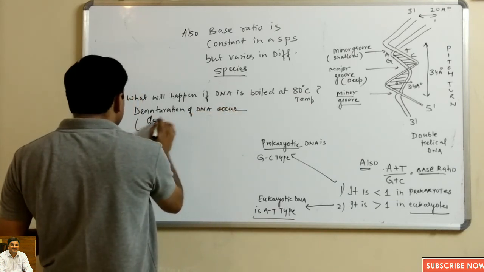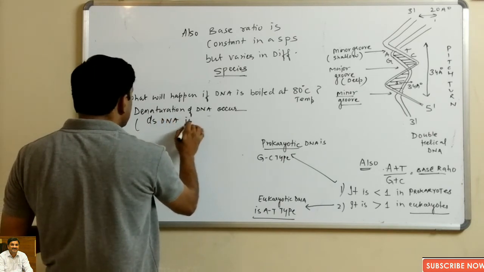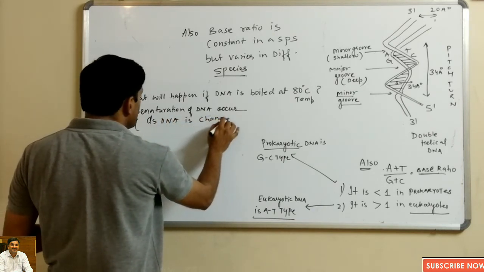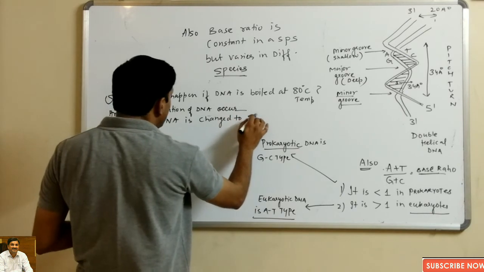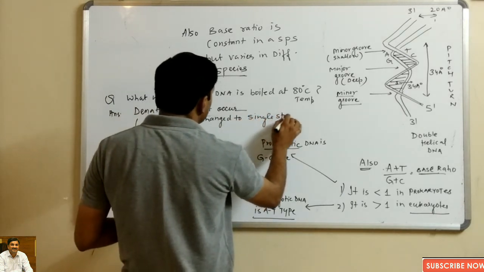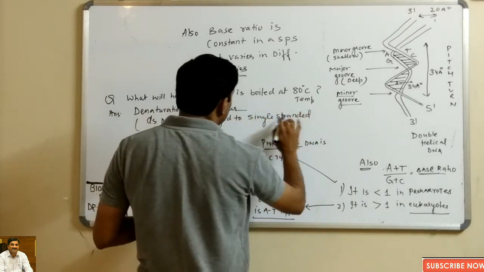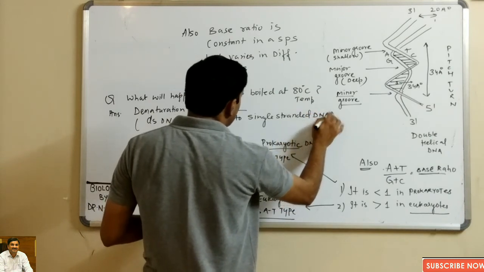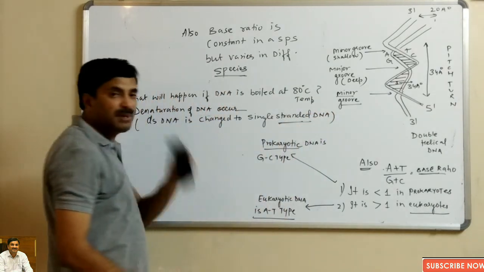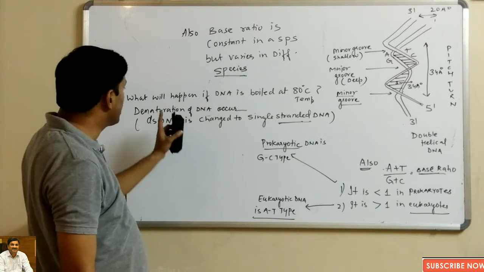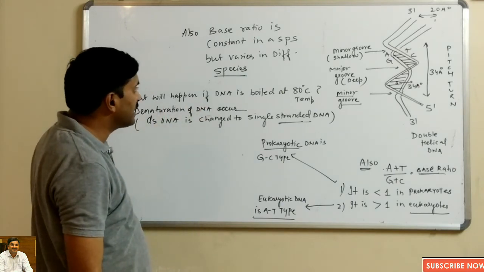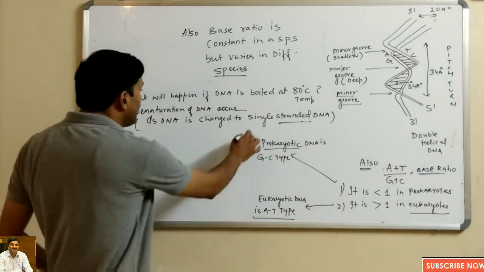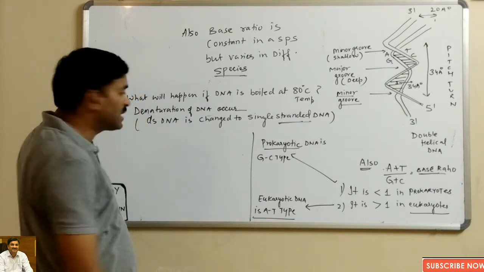It means double-stranded DNA is changed to single-stranded DNA. Why? Because on boiling, the hydrogen bonds will be broken down and the double-stranded DNA will be converted into single-stranded DNA.